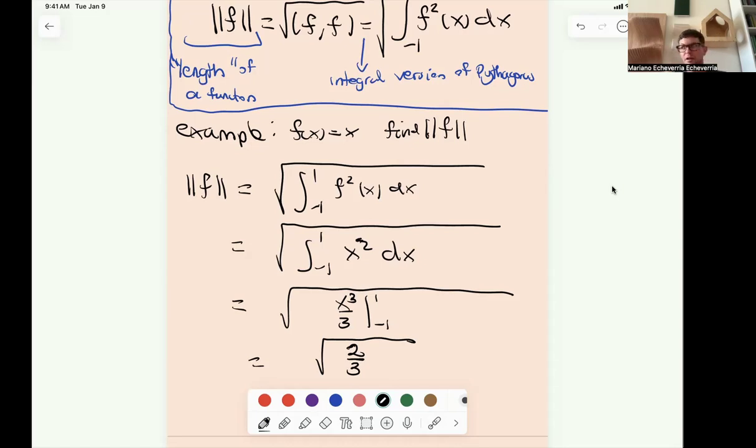So the length of the function y equals x is root of 2/3. Is that making sense, the calculation?